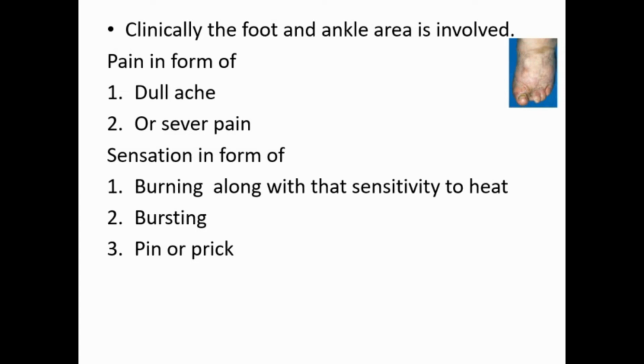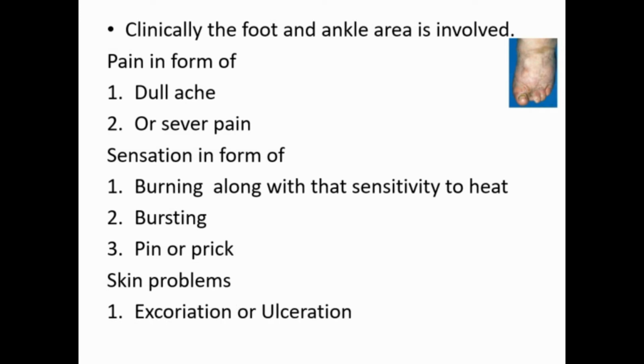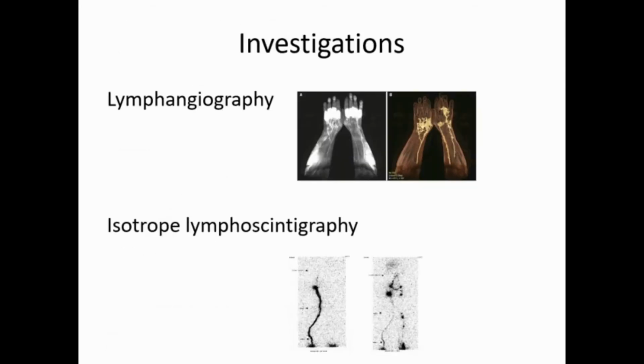The skin problems associated with this are excoriation or ulceration, and second is athlete's foot, which is a fungal infection. So the investigations we have to go through: angiography, in which you can see congenital hyperplasia, where lymphatics are increased in number but are defective.